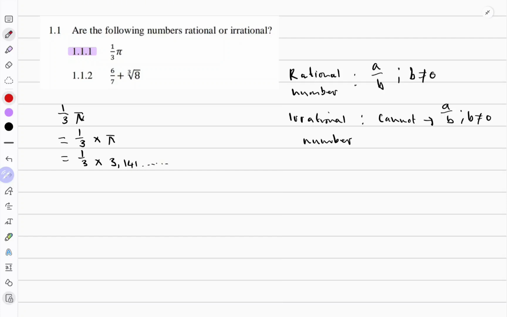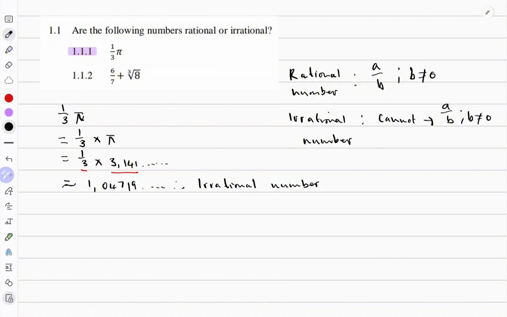Because we're multiplying a rational by an irrational, the outcome is also going to be irrational, which is approximately equal to 1.04719 continuing. Therefore, the answer is an irrational number.